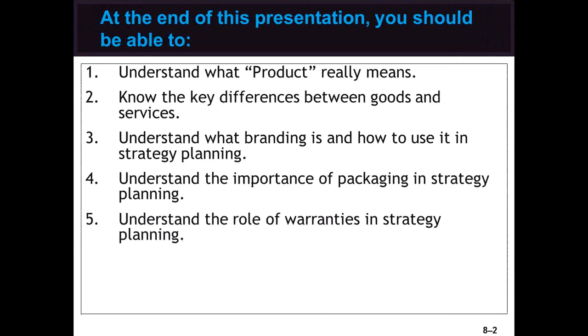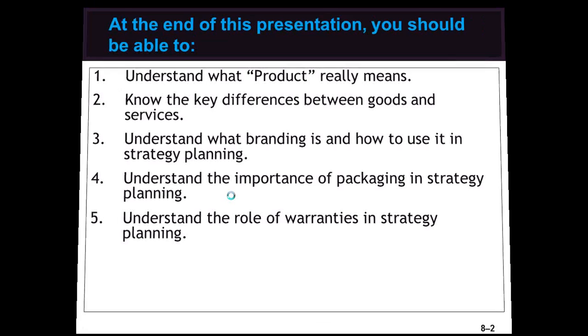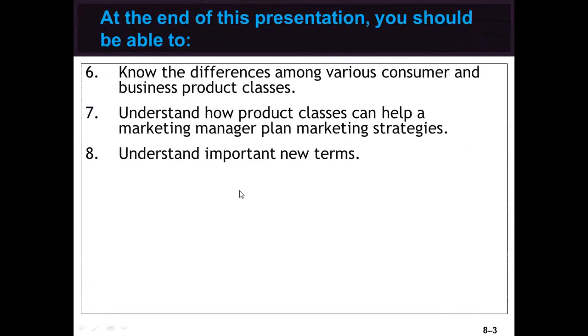We'll learn the differences between goods and services, understand what branding is and how to use it in strategy planning, understand the importance of packaging in strategy planning, understand the role of warranties in strategy planning, know the differences among various consumer and business product classes, understand how product classes can help a marketing manager plan marketing strategies, and also learn many new terms.